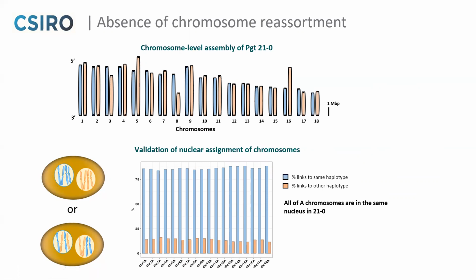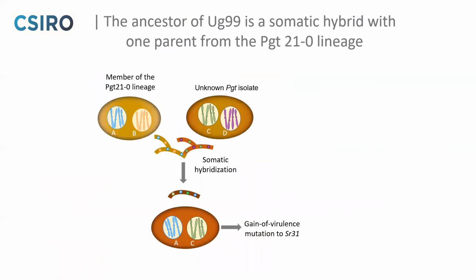So ruling out the potential for sexual recombination supports the hypothesis that Ug99 was the product of hybridization of a member of the 21 lineage that donated the A genome, fusing with an unknown isolate that donated the C genome. Later that progenitor would have gained virulence through a mutation, perhaps in AvrSr31.